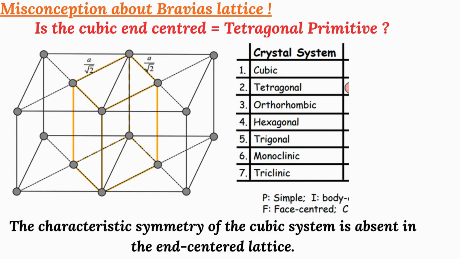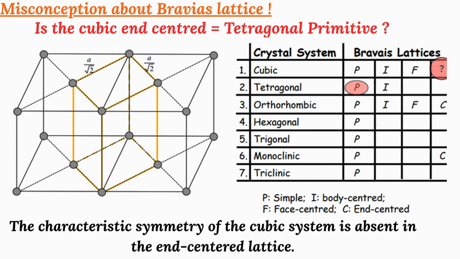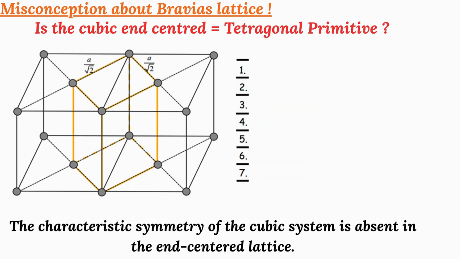Here, what is a misconception about the Bravais lattices? You can see a number of videos saying that the n-center cubic is not present because it resembles the tetragonal primitive. Since a tetragonal primitive is present in the Bravais lattice list, the n-center cubic is not present. Like that you can see a number of videos. That is a wrong understanding. As we already discussed, the characteristic symmetry of the cubic system is absent in the n-center lattice.